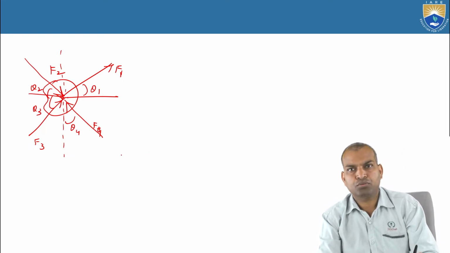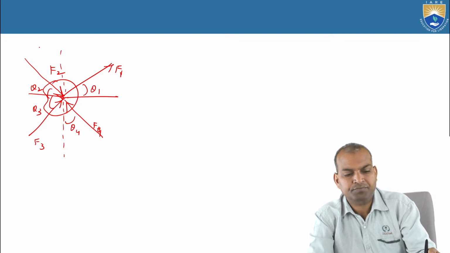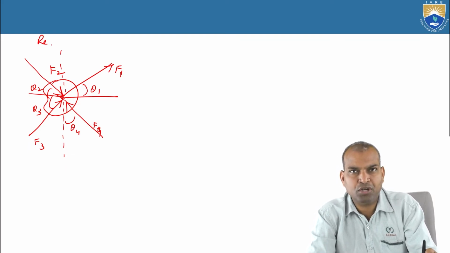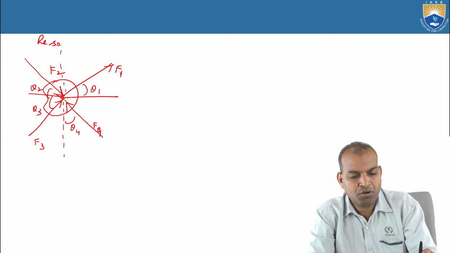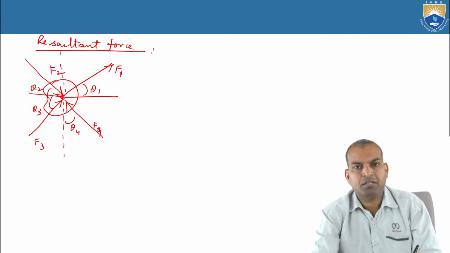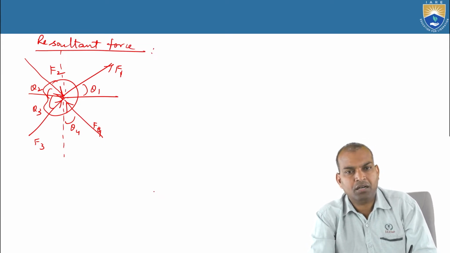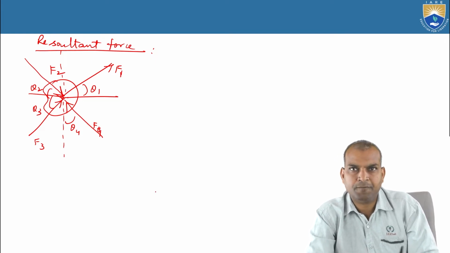So how do we resolve these components into horizontal and vertical? That is resolution, or resolving the components. How do we find the resultant force? By resolving the components, using the analytical method.